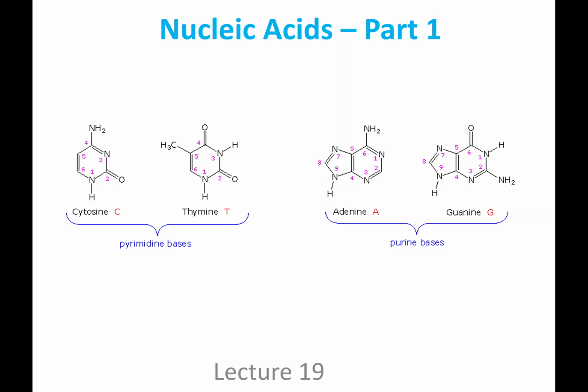Not only does it show the structures, but it also has the numbering system for each of these, which is kind of important too when we talk about where these attach to ribose in DNA and RNA, and also when there's a substitution or like a methylation in some of these. We'll see examples of that later in class, where those are in terms of the numbering system will be important.